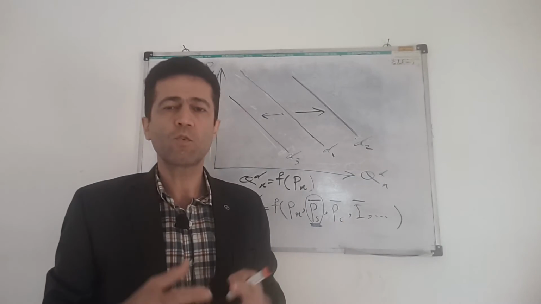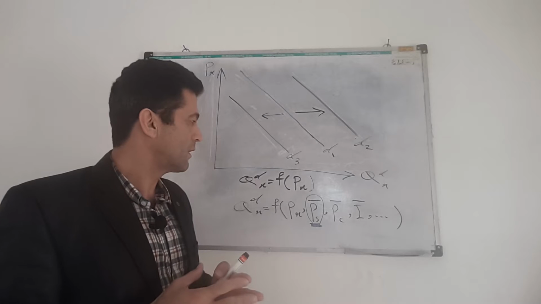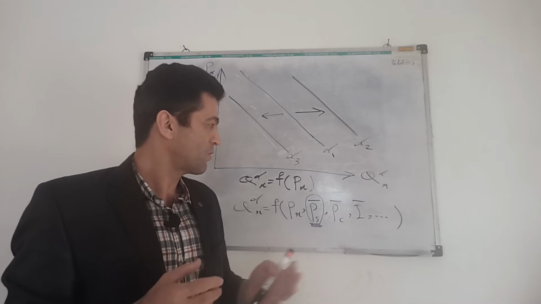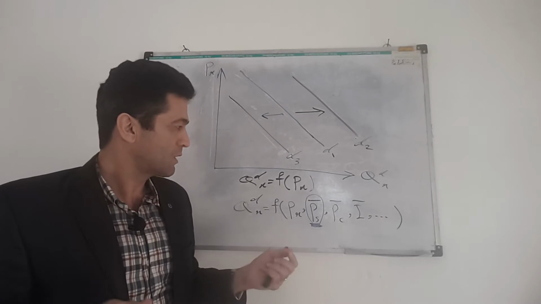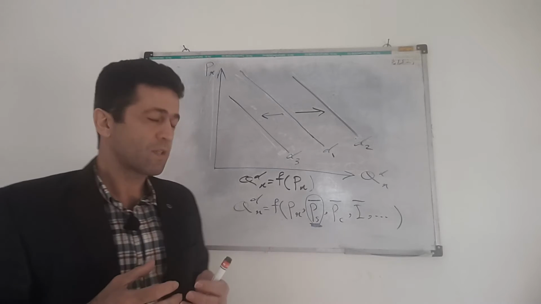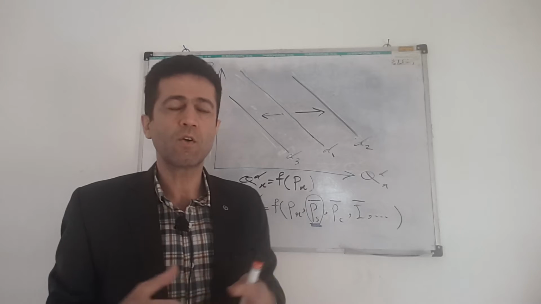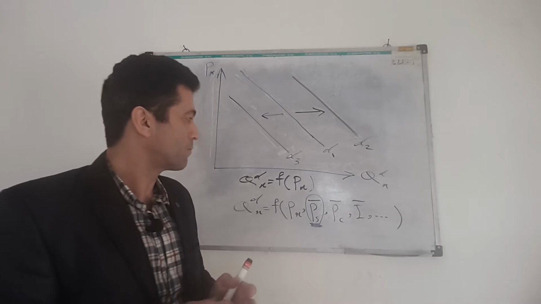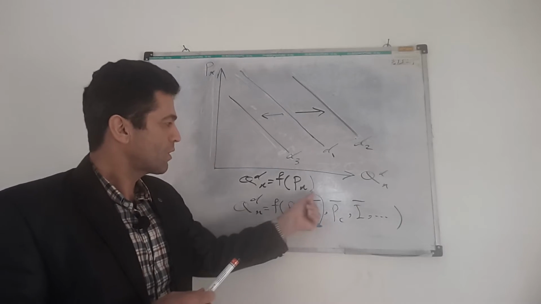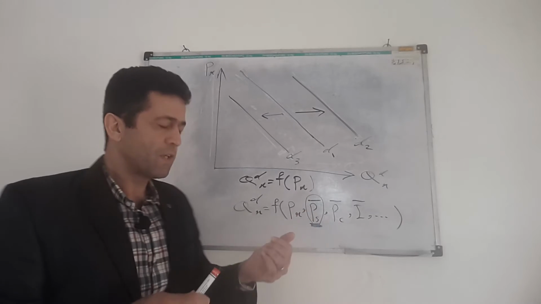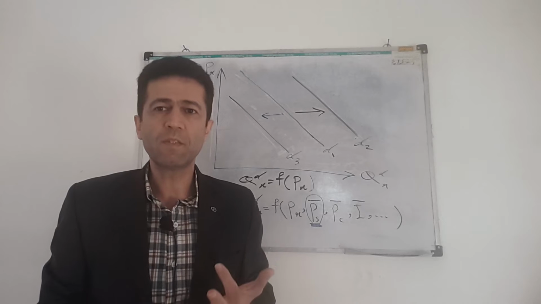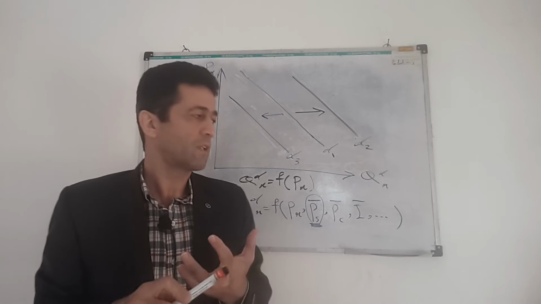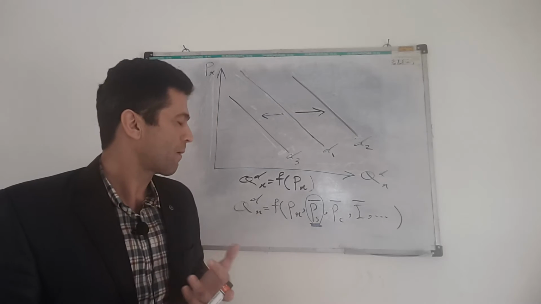We have three kinds of goods and services based on the relationship between prices of goods, or based on the goods that we use instead of each other or use together. So we have three kinds: substitute goods and services, complementary goods and services, and not related to each other.